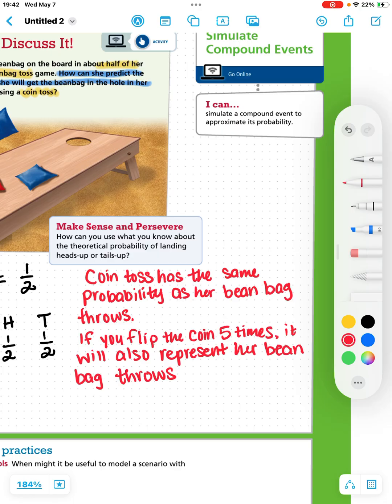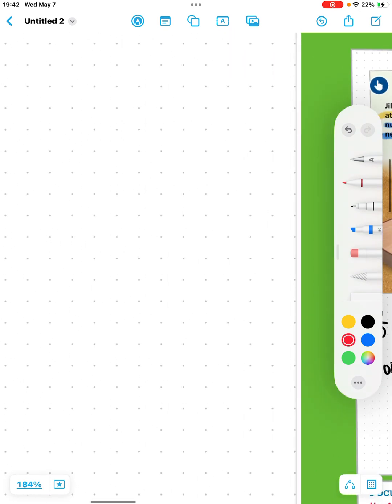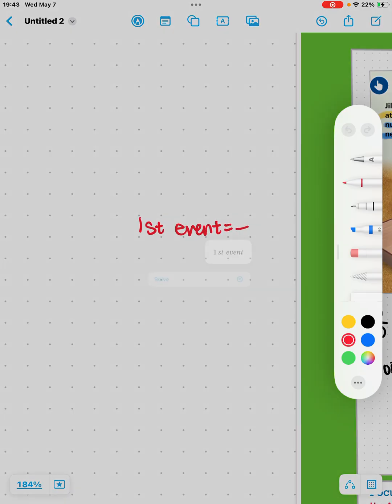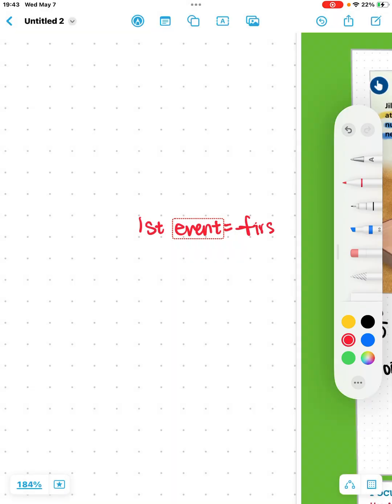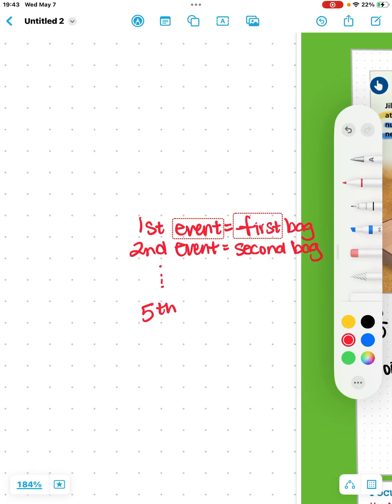We're going to be looking at different scenarios and comparing them to compound events. Now, even though cornhole is a game, her first event would be her first bag. The second event would be that second bag, all the way down to her 5th event being her 5th bag.